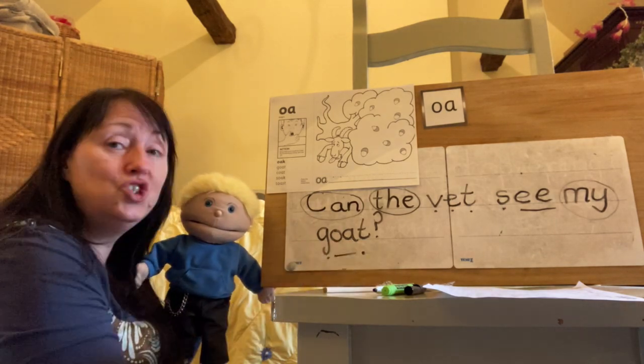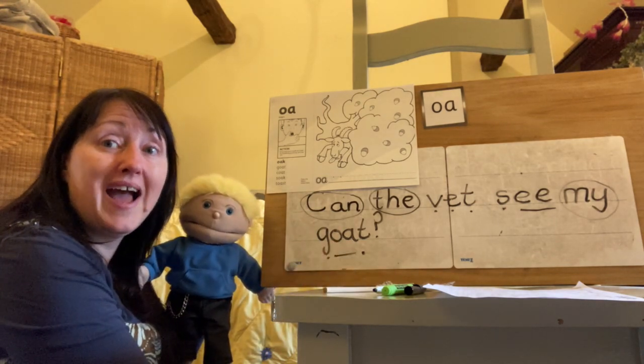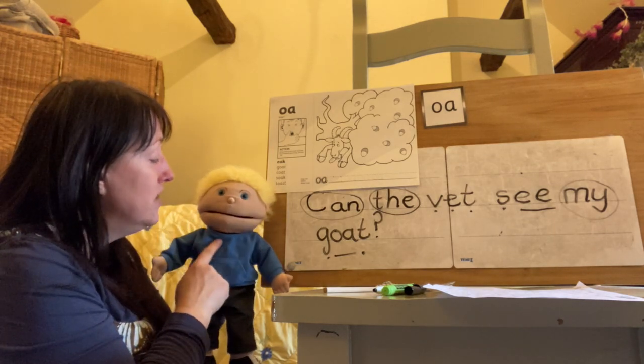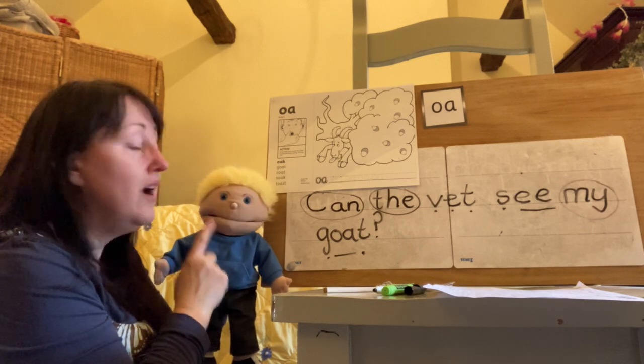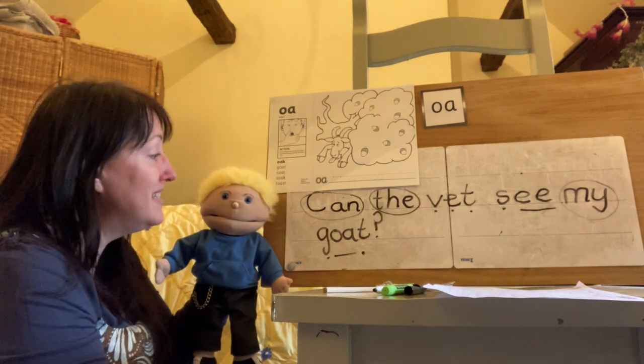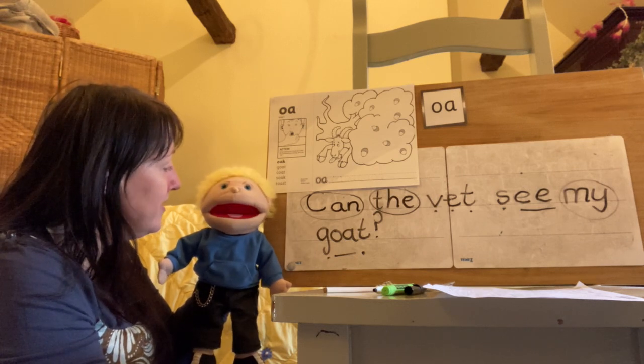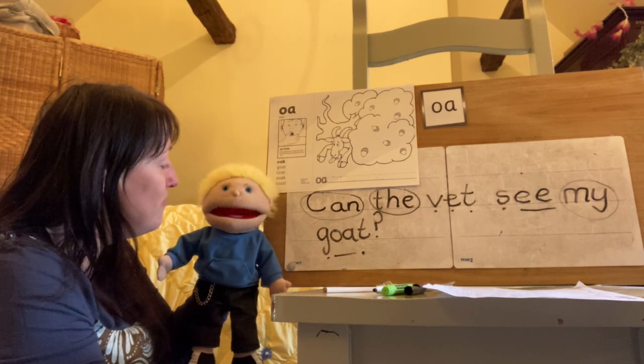Oh, and it's a question mark. So that means we can answer the question. So, you pretend you're the vet. I'm going to say, can the vet see my goat? Can the vet see my goat, Fred? Yes, I can. I'd like to make the goat better.